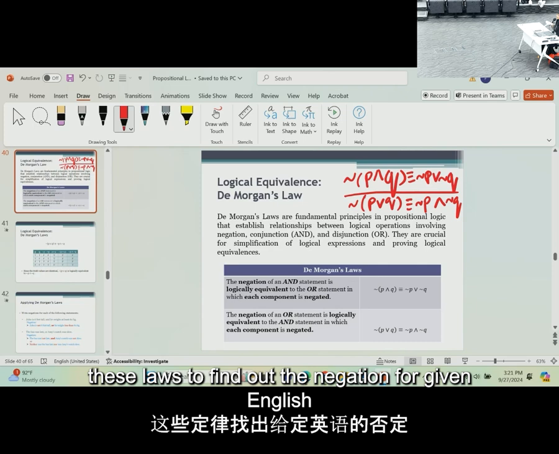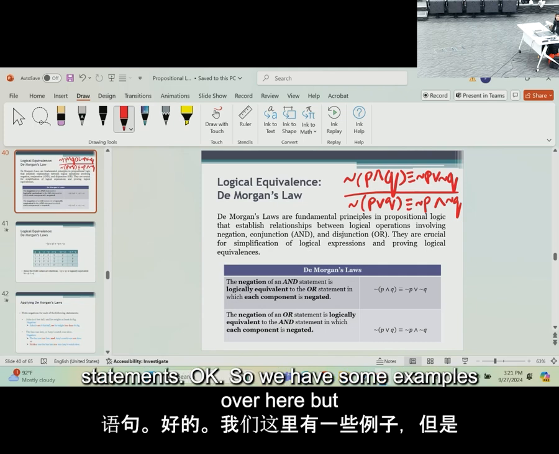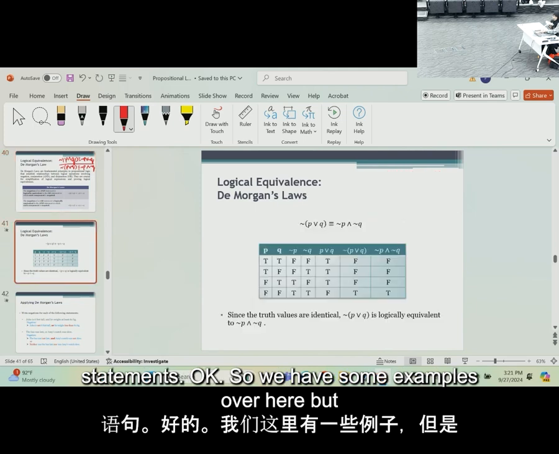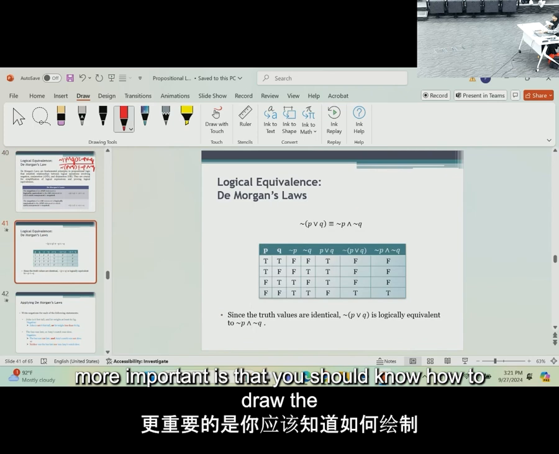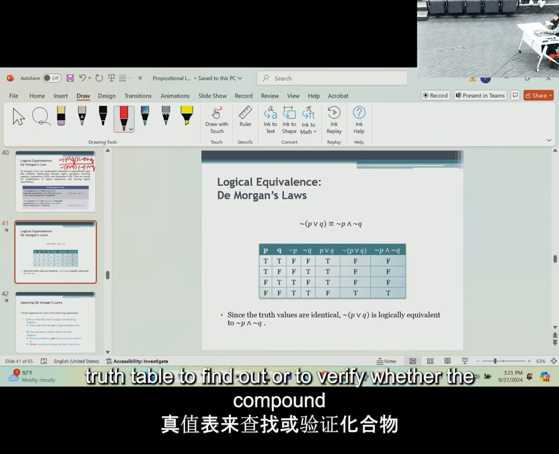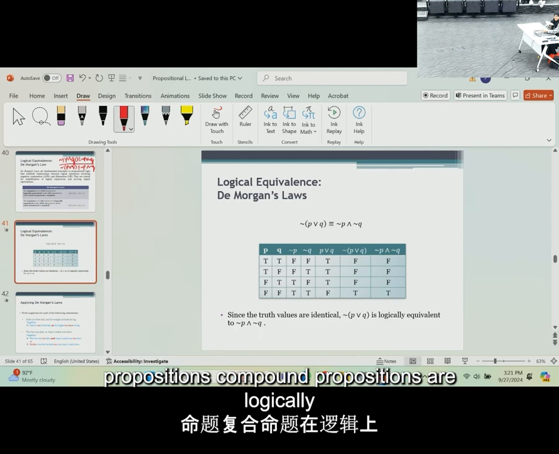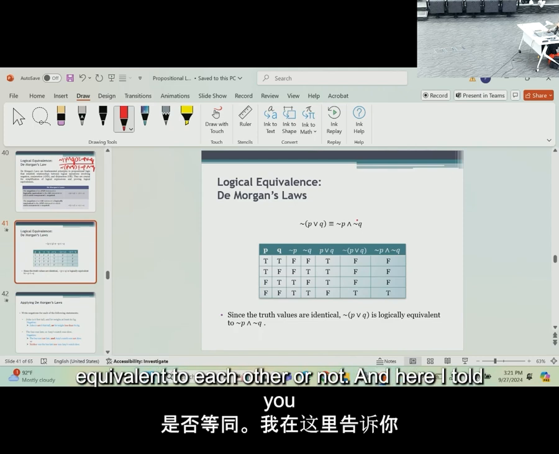Usually we use these laws to find the negation for given English statements, so we have some examples over here. But more important is that you should know how to draw the truth table to verify whether the compound propositions are logically equivalent to each other or not.